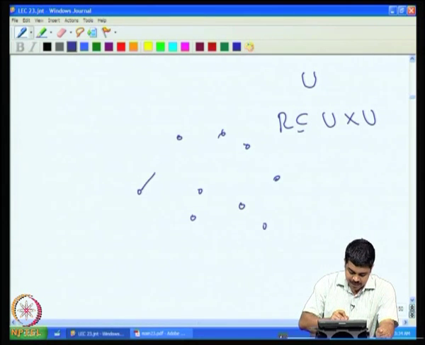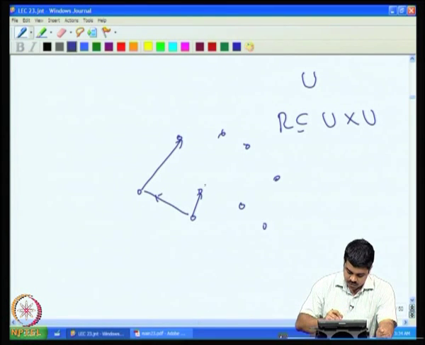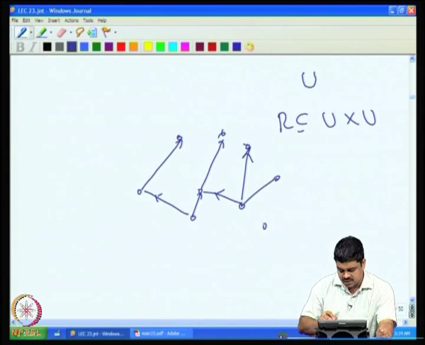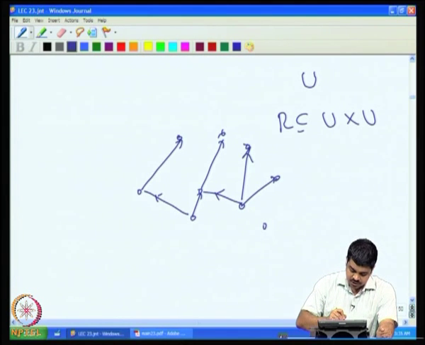We can draw whatever the relations are by directed edges like this. When do we say it is a partially ordered set? We need three properties.